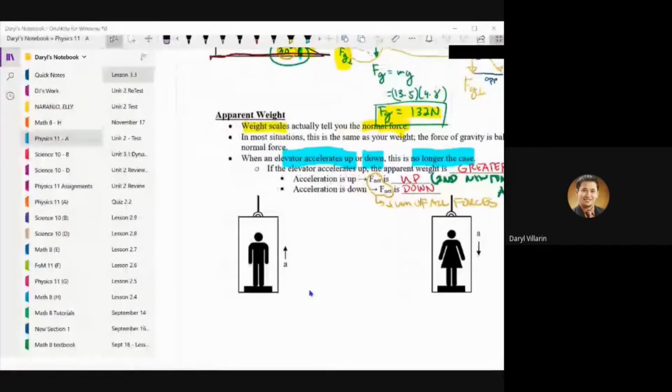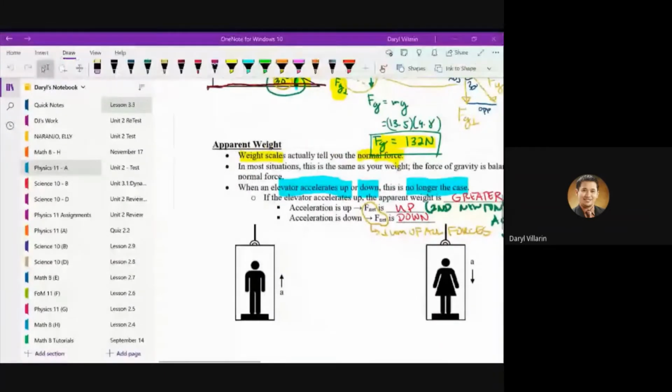Let me see if I can download that. Maybe you can tell me what you observe.